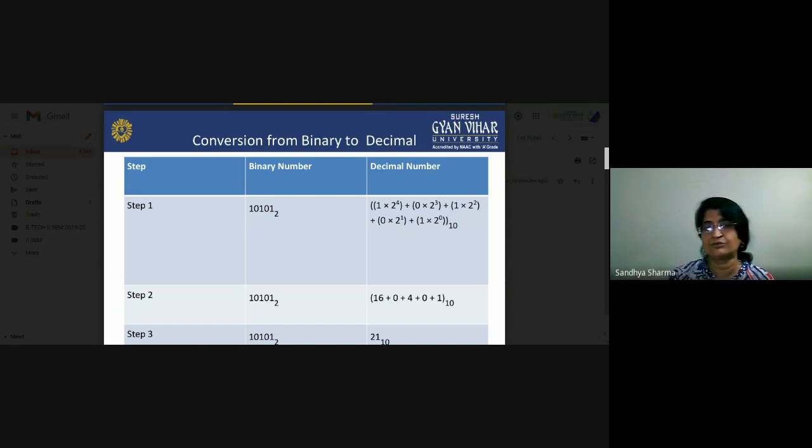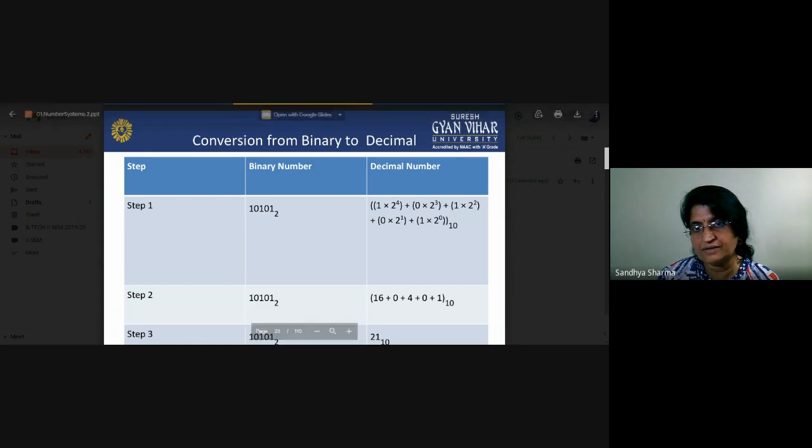There is a certain rule: the initial LSB is multiplied by 2 to the power 0, and the last bit is multiplied by 2 to the power x, where x represents the last position of our bits. So according to that, 2 to the power 0, 1, 2, 3, 4, 5, whatever the last position is, we move towards that.